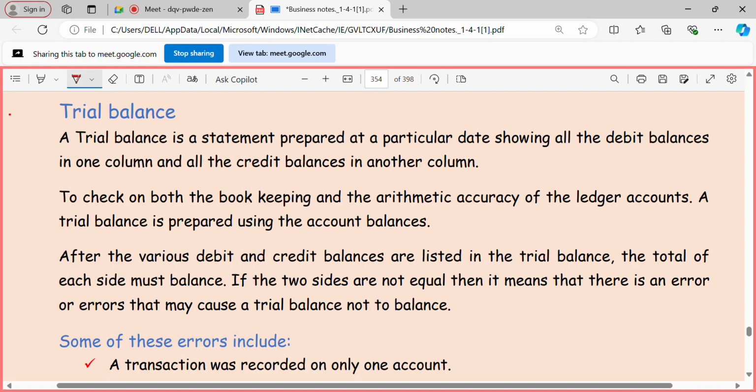At the moment, I don't have a proper question for the ledger, but let's do the trial balance. Then I'll look for the proper question once and for all. So I'll give you the question.